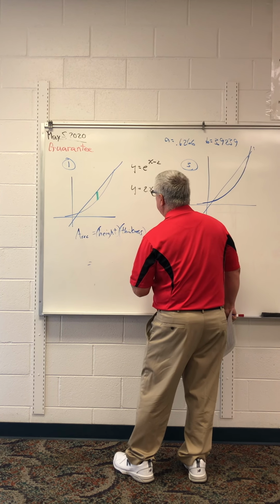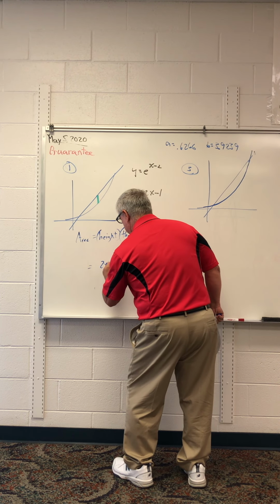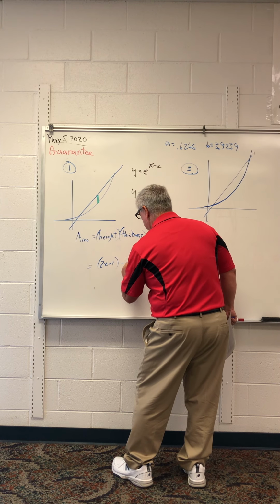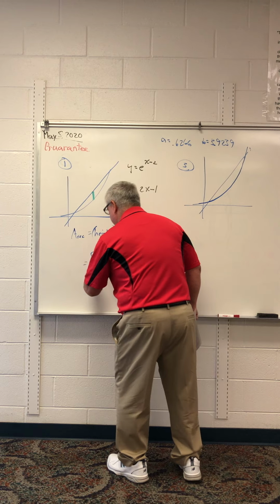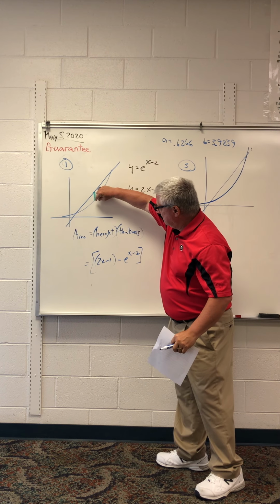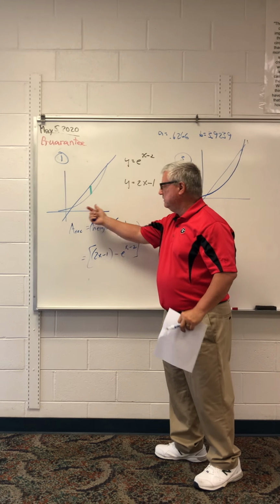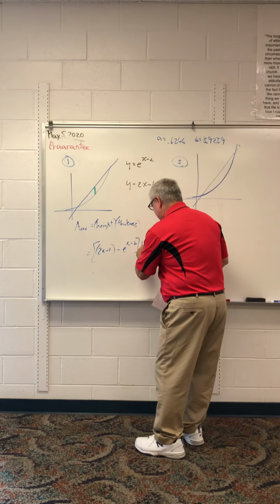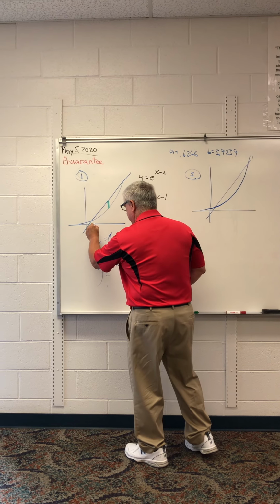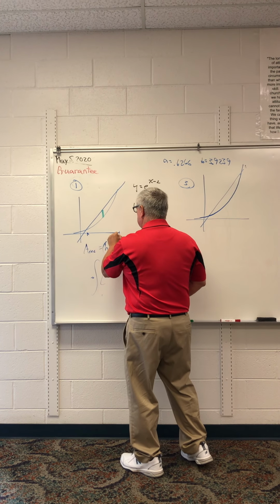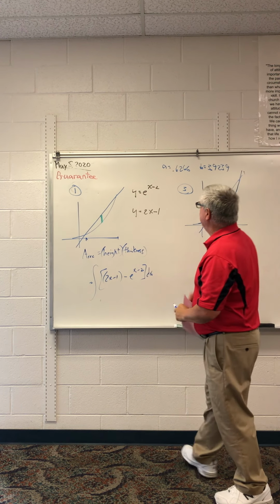So the top is the line, the bottom is the exponential. So that is the height. The thickness is going to be along the horizontal, so that'll be dx. That's the thickness. And I'm going to add them up from this x value right here to this x value. Those will be my bounds.